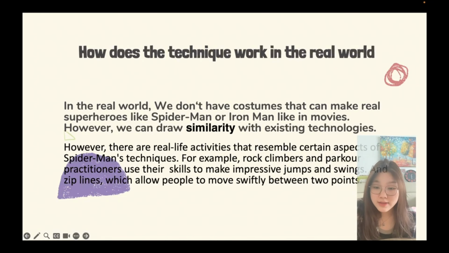So how does the technique work in the real world? We need to know that in the real world we don't have the technology that can make real superheroes like Iron Man or Spider-Man in movies. But we can draw similarities with existing technologies.